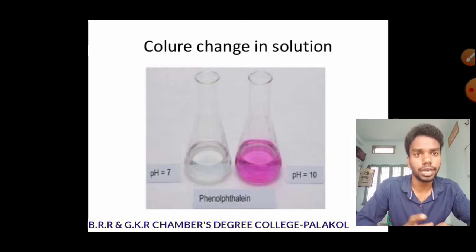You have H+ and Cl- ions. Phenolphthalein indicator also dissociates into Ph- and H+. Here you observe a common ion effect, because H+ from the phenolphthalein indicator and H+ from the HCl solution, these two H+ ions, are common ions.